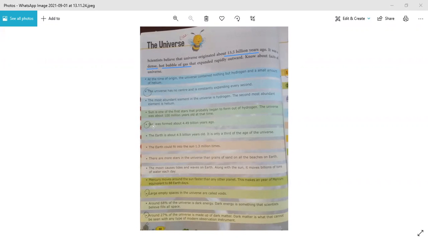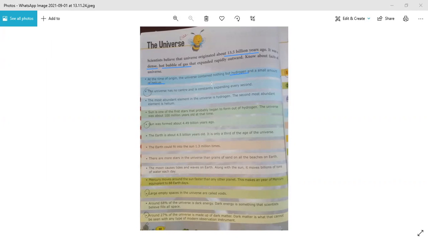The next concept is that at the time of origin, when the universe was formed, it contained nothing but hydrogen and only a small amount of helium.